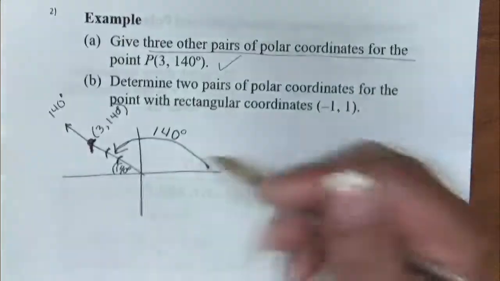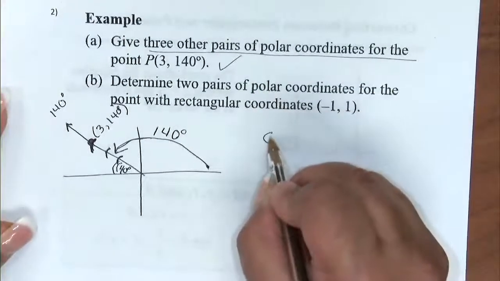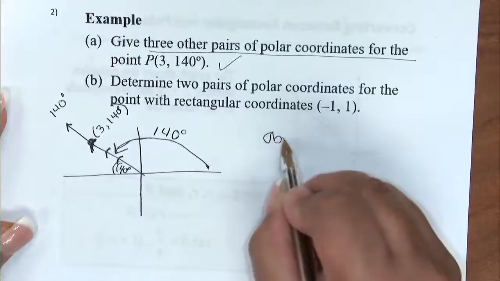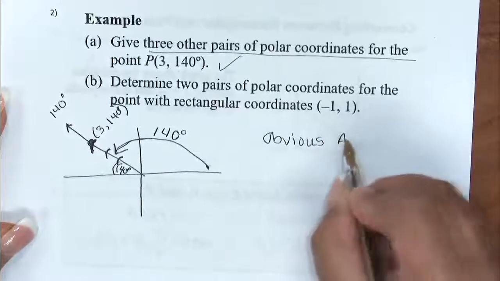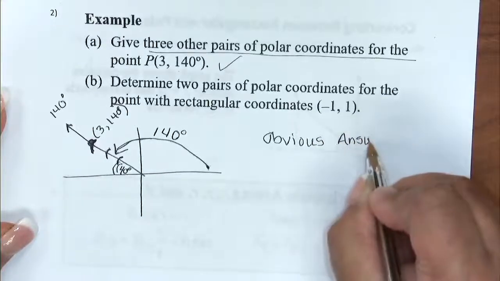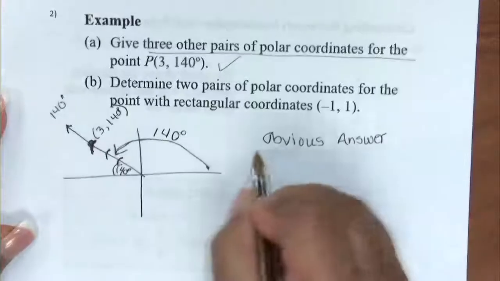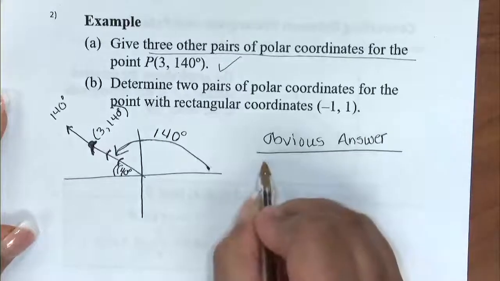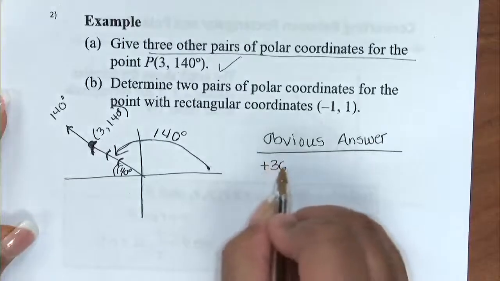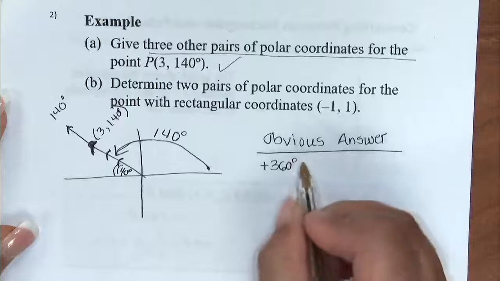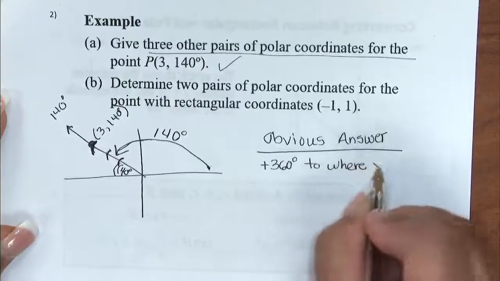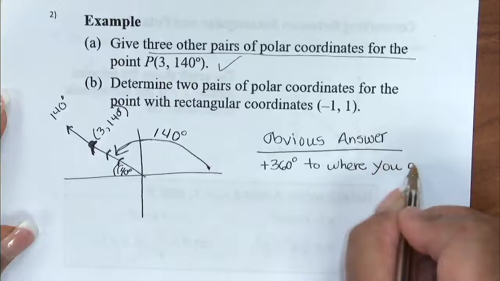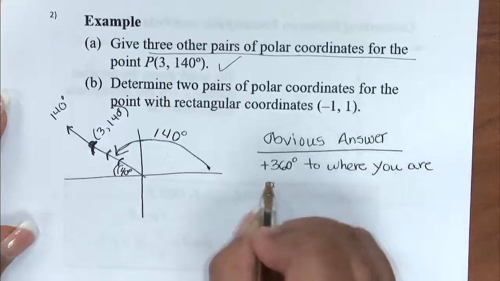So this is the most obvious answer. You just add 360 to where you were originally.